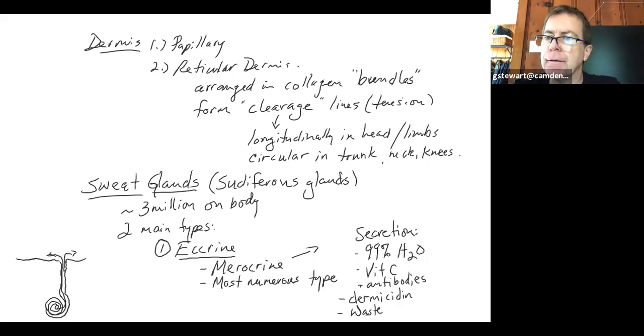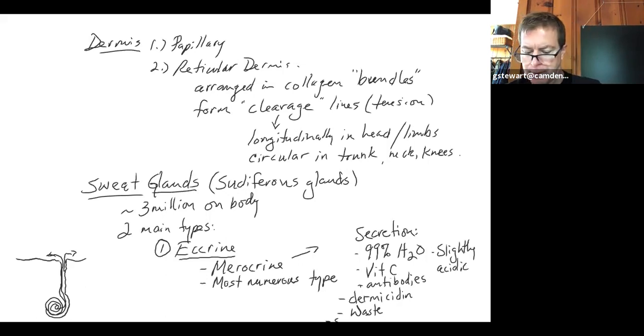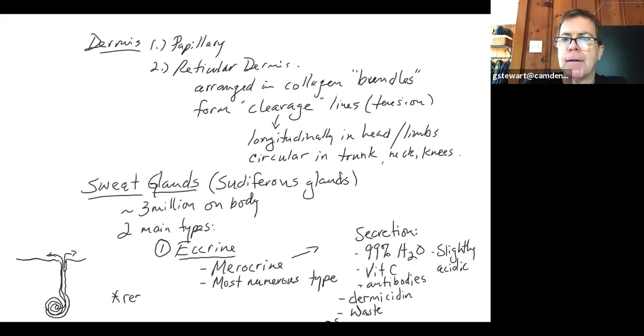And finally, the secretions are typically slightly, my board's running out here, so they are slightly acidic in nature. That also helps combat bacteria as well. So these glands, the last thing I'm going to say about eccrine, these are regulated by the sympathetic division of the nervous system.